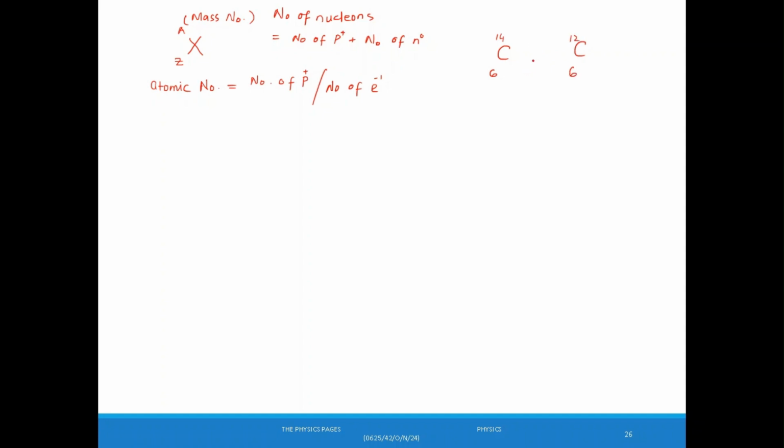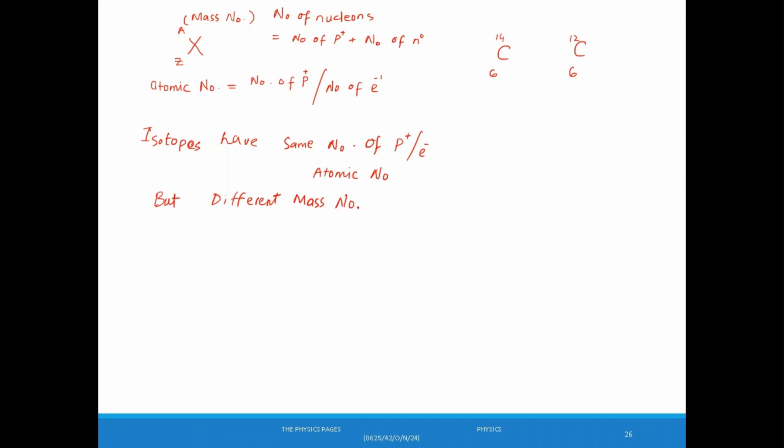What are these two isotopes? First of all, an isotope is an atom, an element, with the same number of protons or electrons, or you can say the same atomic number, but a different mass number.